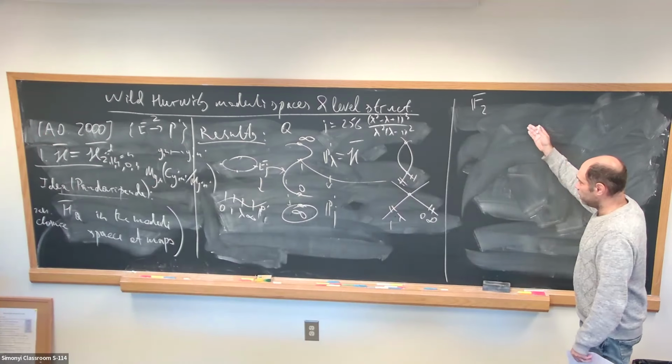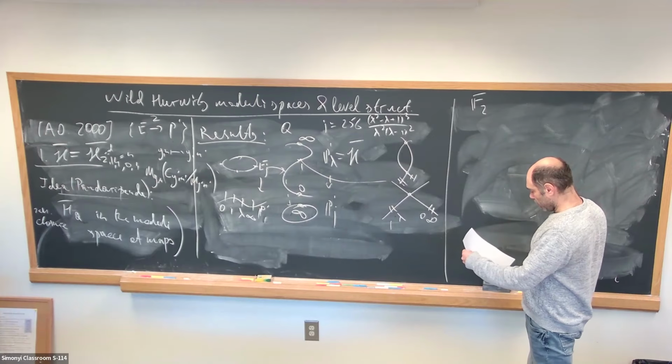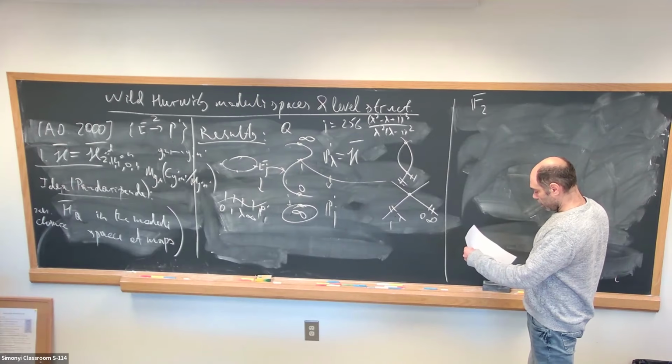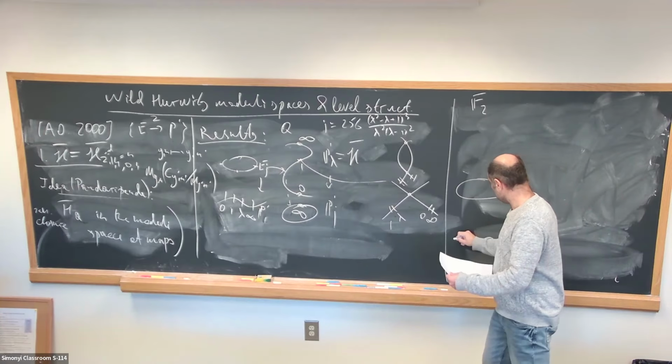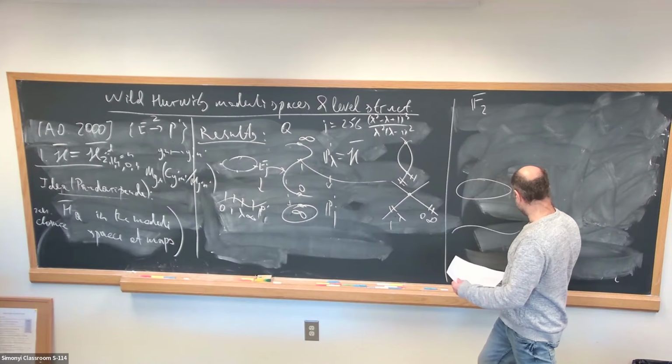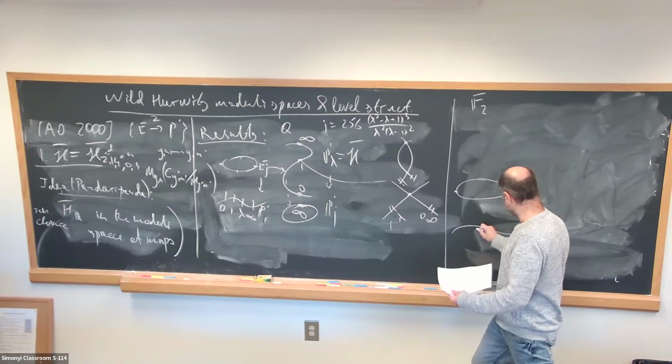So let me describe first for maybe the ordinary case. In the ordinary case, we have an elliptic curve with invariant J mapping to P1, but this time we have just 2.